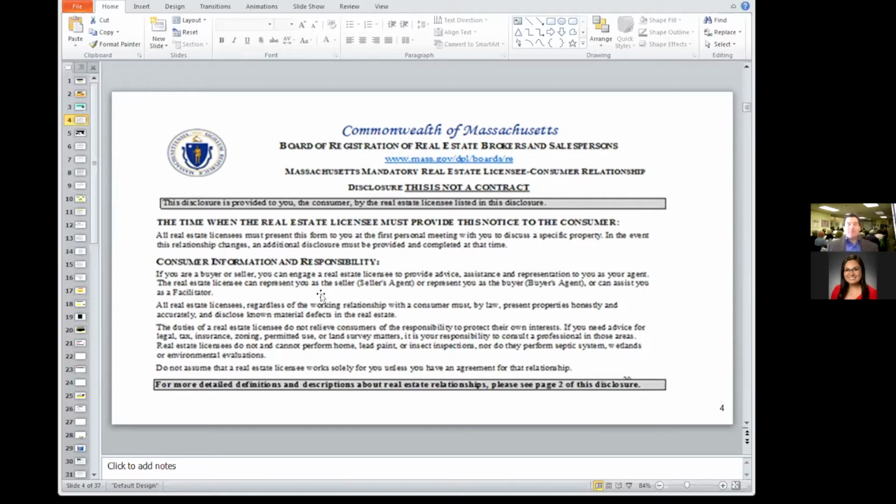Even if these people you're working with are customers, you still have to tell them everything that you're aware of that is material to the property. If you know the roof is leaking, you've got to spill the beans. If you know about the boiler, you have to tell them. Now that's regardless of your agency relationship. That's what it says over here. You have to treat everybody honestly, and you must disclose known material defects.